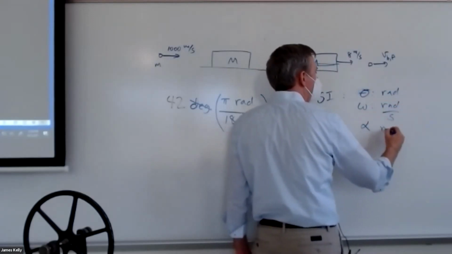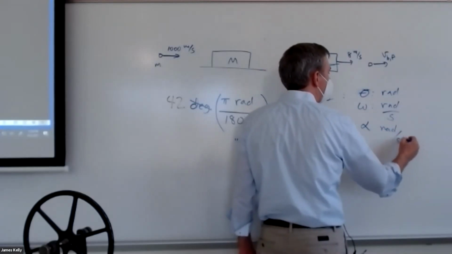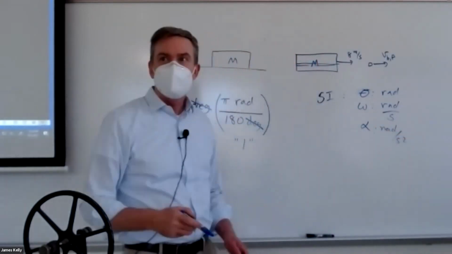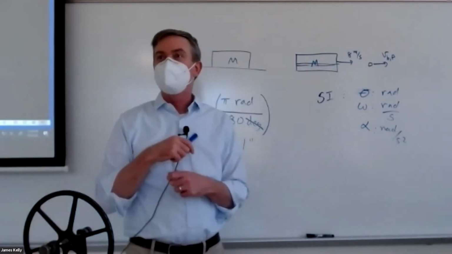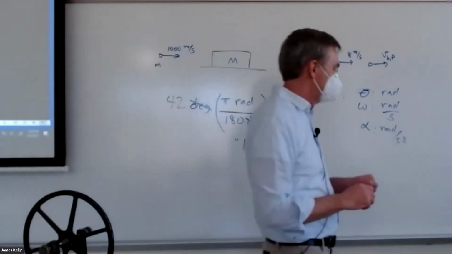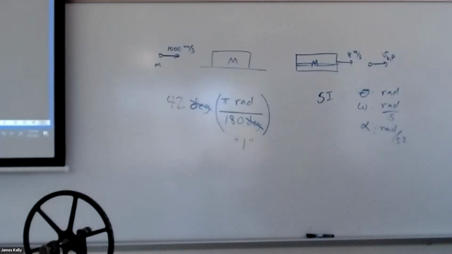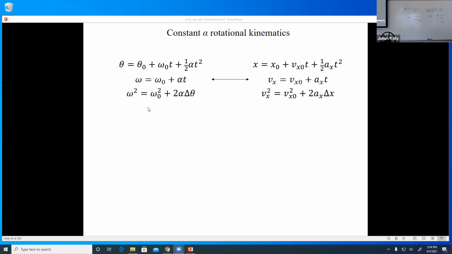And for alpha, radians per second squared. So just like everywhere you had a position kind of thing, in meters, you're having an angle instead, because we're just talking about angular position rather than linear position. Good question.